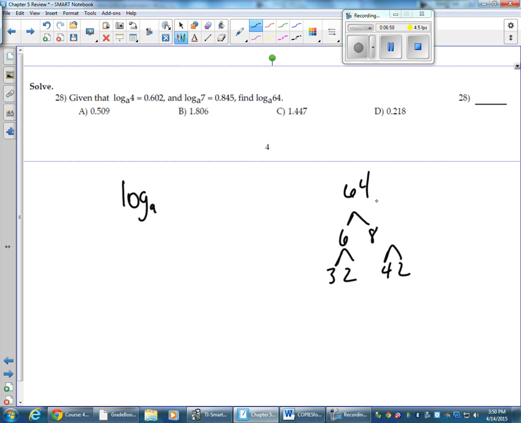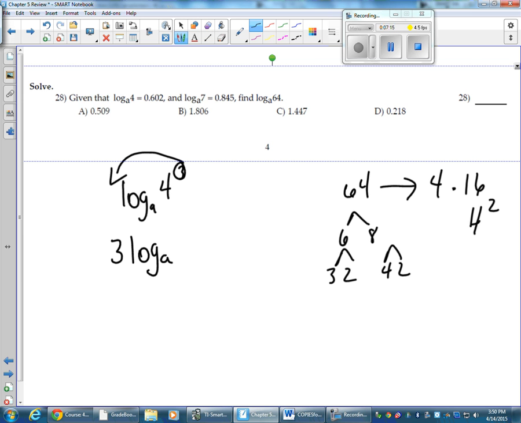Really the easiest way is 4 times 4 times 4, right? So another way of writing 64 is 4 cubed. So it becomes, take the 3 off, move it to the front, 3 times the log base a of 4. And the log base a of 4 is 0.602. And 3 times 0.602 is 1.806.